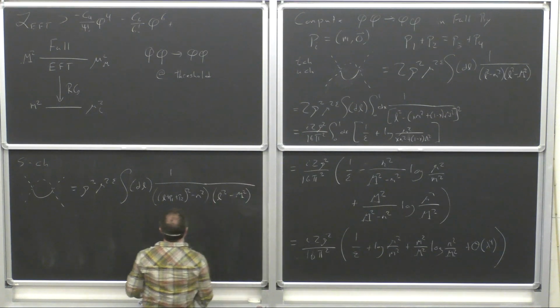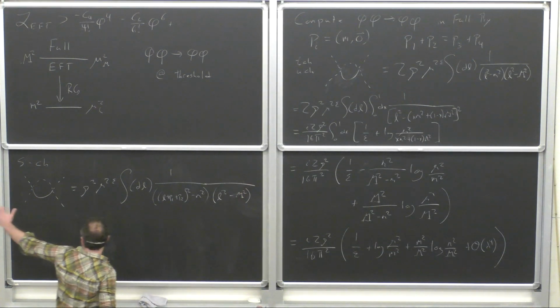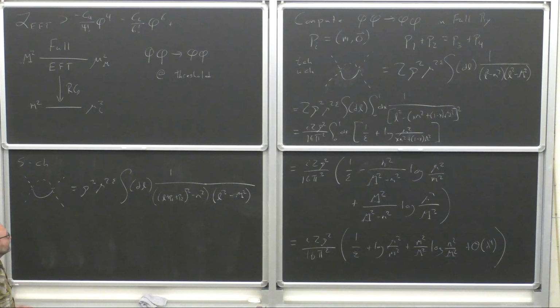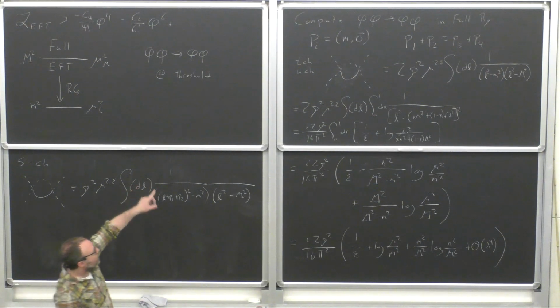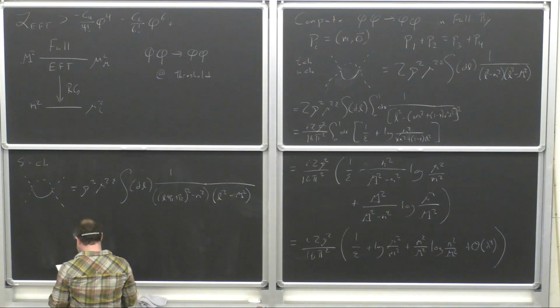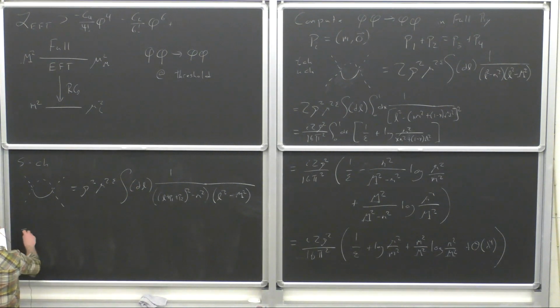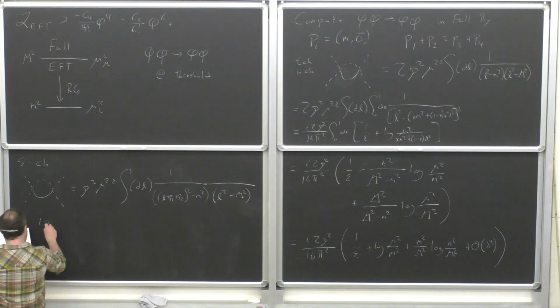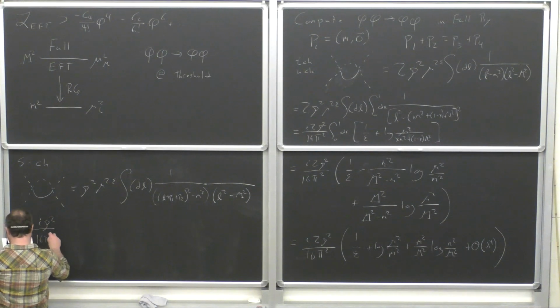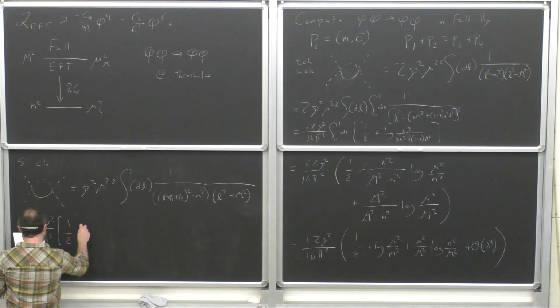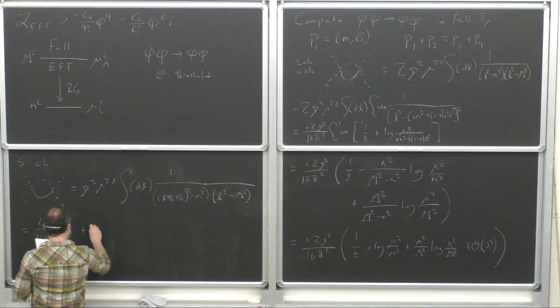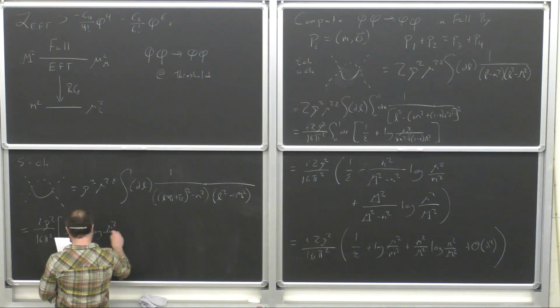Here we just have to keep track of the fact that momentum flows through the loop using the kinematics up at the top. And integrating, doing the power expansion, you can derive I rho squared over 16 pi squared, 1 over epsilon log mu squared over capital M squared.